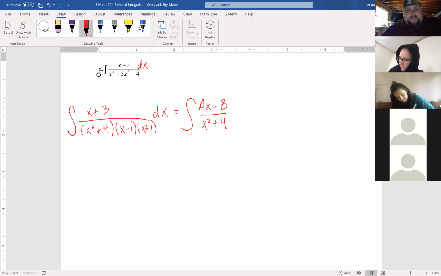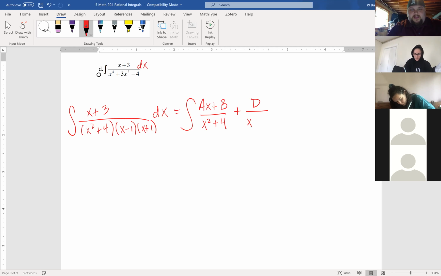And then over the x minus 1, x plus 1 terms, we need a single constant. I'm going to use d and e again to skip the c. So d over x minus 1 and e over x plus 1.